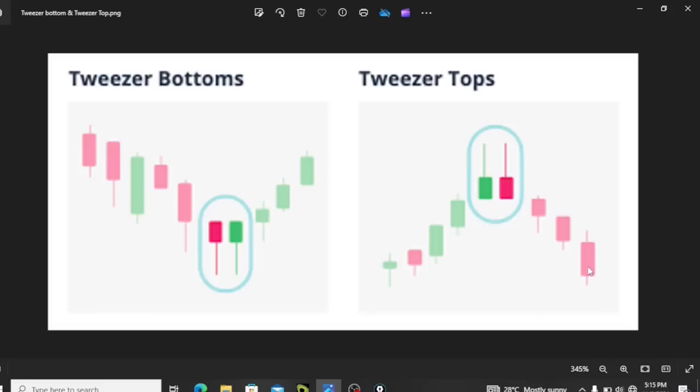That is how to identify a Tweezer top. So whenever you see it this way and it occurs at a resistance area, it is a powerful setup for you to trade to the downside. It's a powerful setup for you to go short. If you become proficient in identifying it, your trade is definitely going to improve.